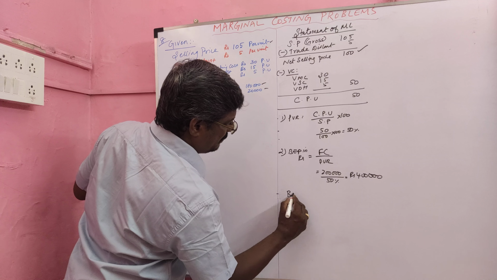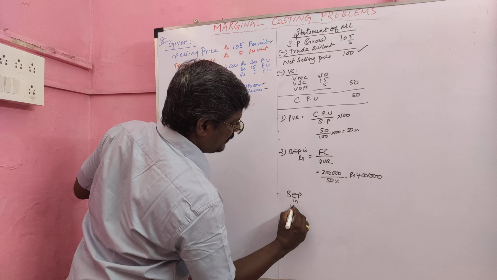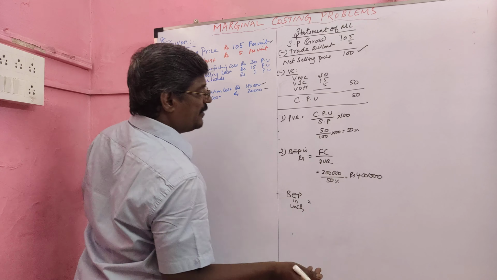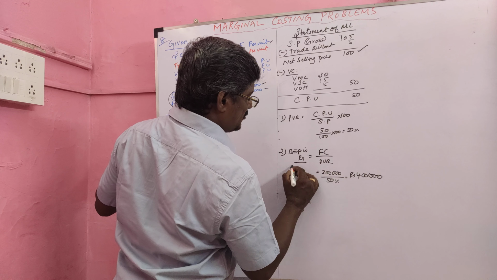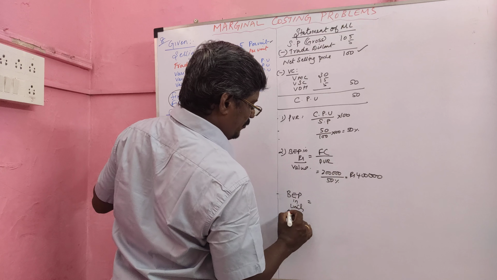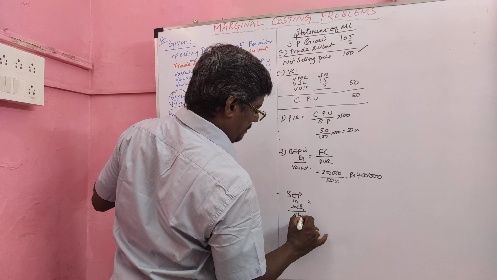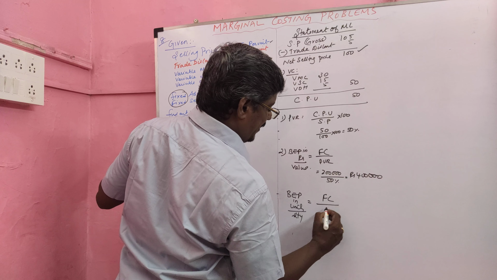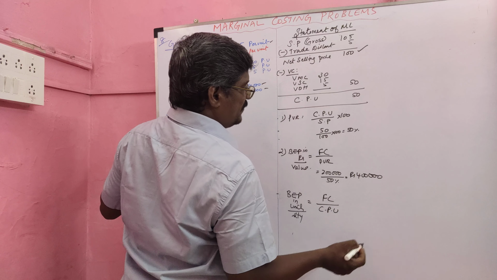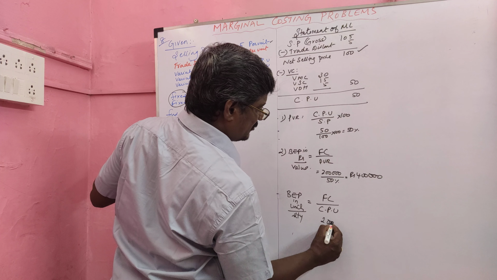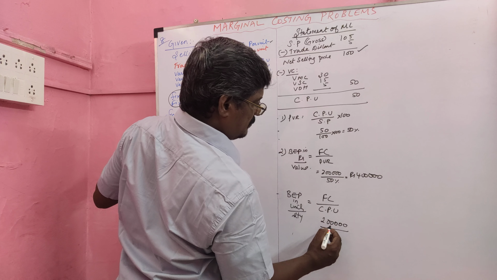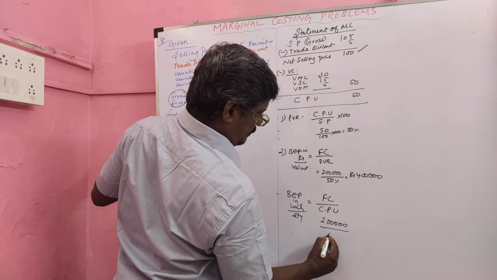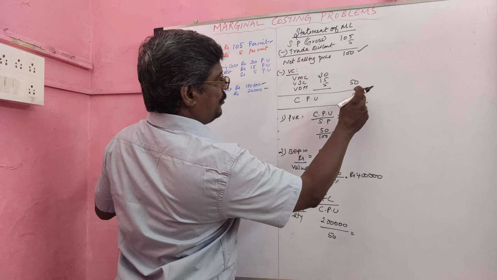Next we have to find BEP units. I said many times, if units are given, we have to find BEP both in rupees as well as in units. We can call rupees or value. Units we can call quantity. So fixed cost divided by contribution per unit. Fixed cost we know 2 lakh given in the question. CPU 50, contribution per unit.